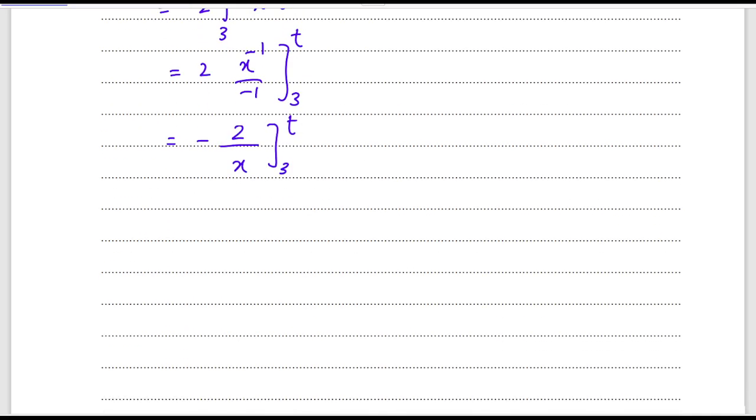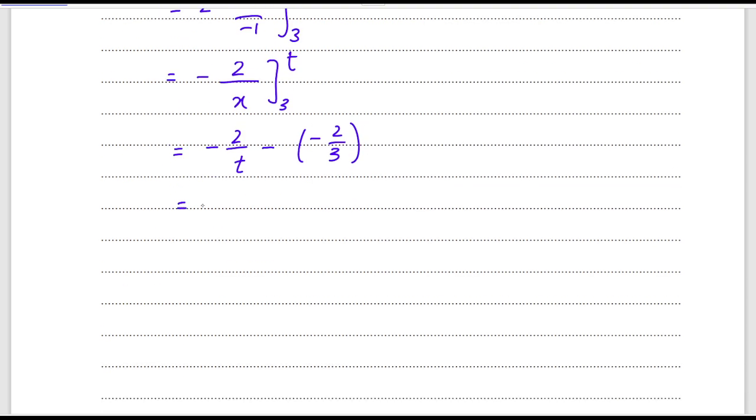Now apply the limits. This is equal to minus 2 over t, the upper limit, minus minus 2 over 3, the lower limit. So this expression becomes minus 2 over t plus 2 over 3.